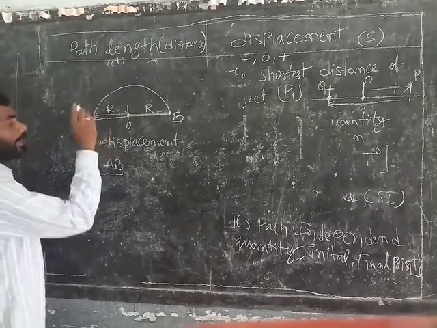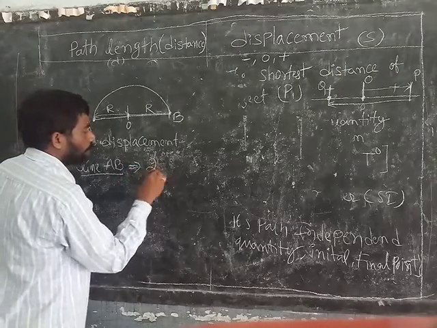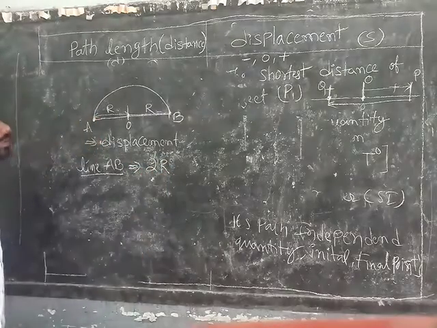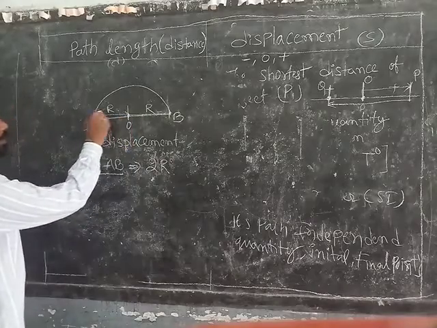So the line AB is equal to 2R, because this will be R and this will be R. The total is 2R.